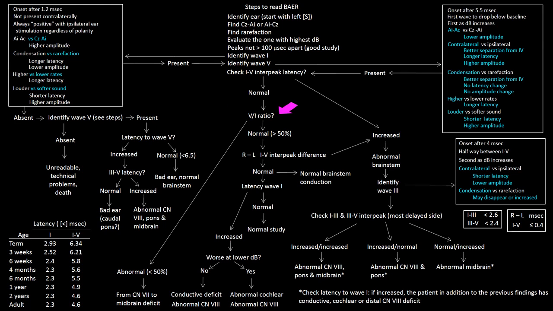So now that we know that the 1 to 5 interpeak interval as determined by the left ear stimulation is normal, we need to ask ourselves if the 5:1 amplitude ratio as brought about by left ear stimulation is normal. This is an important point because in the presence of a normal 1 to 5 interpeak interval, the presence of an abnormal 5 to 1 amplitude ratio usually implies axonal damage of the auditory pathway being tested.